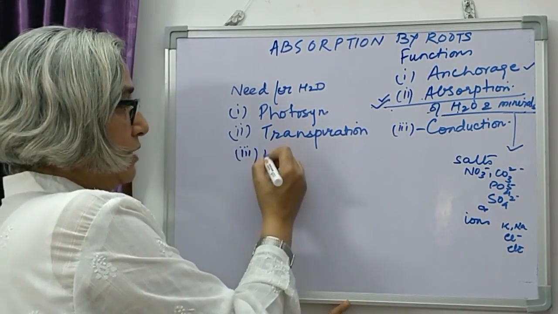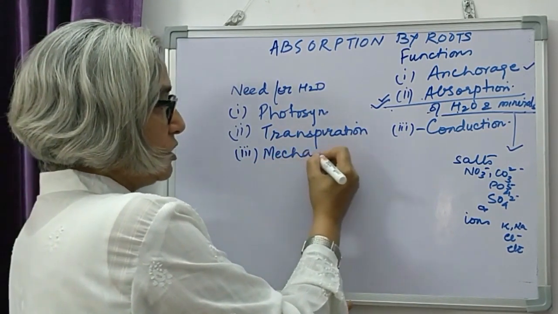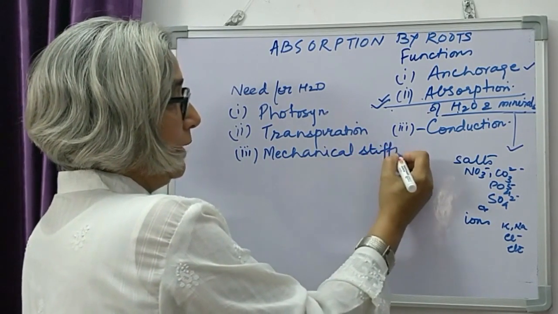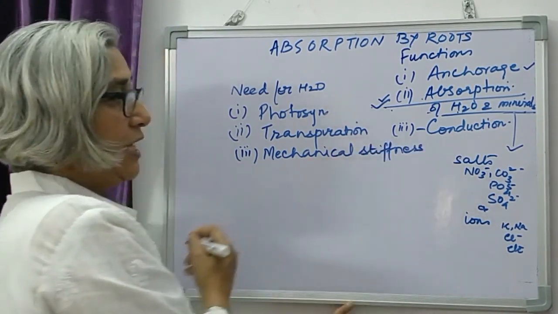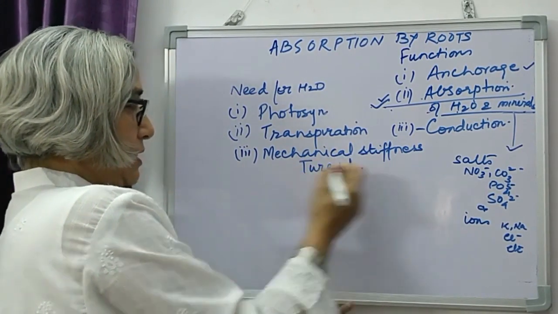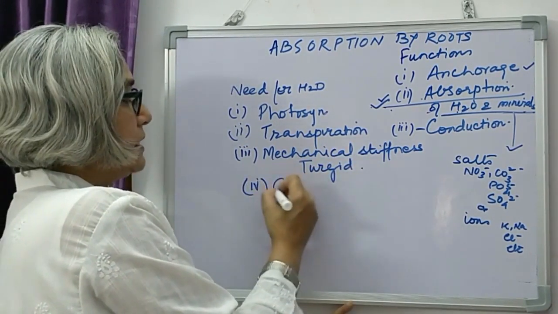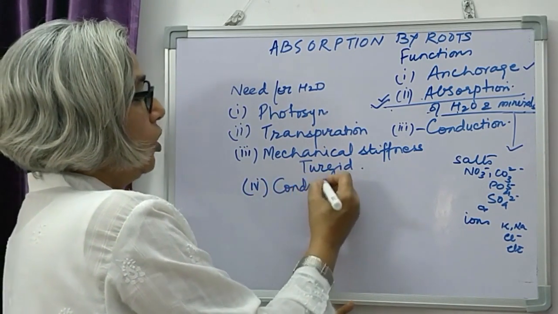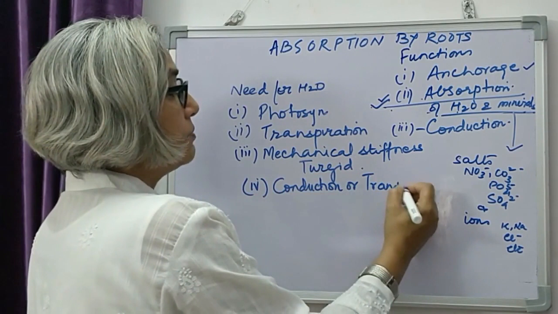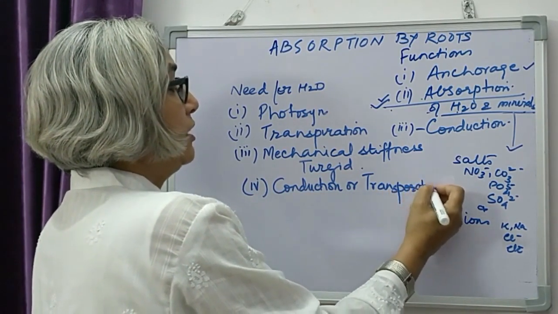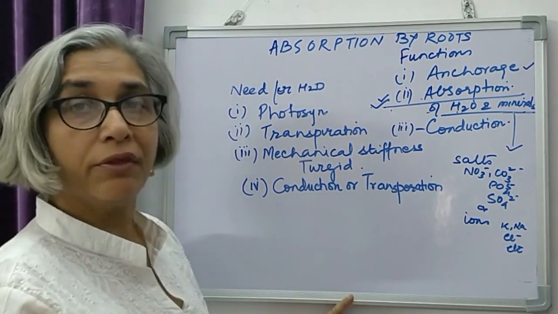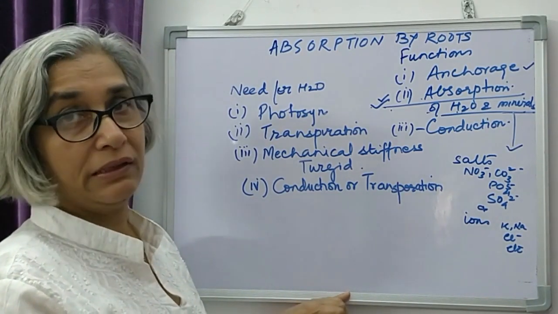Third, water is needed for mechanical stiffness of the plant so that the cells can be in a fully distended or extended condition. We call it turgid. The plant cells are turgid. And fourth, it is needed for conduction or transportation of various substances, especially food that is prepared by the leaves, from the leaves to all other parts of the plant.